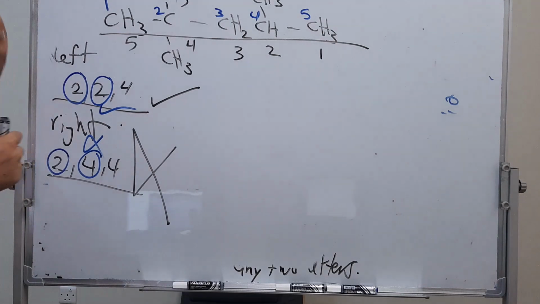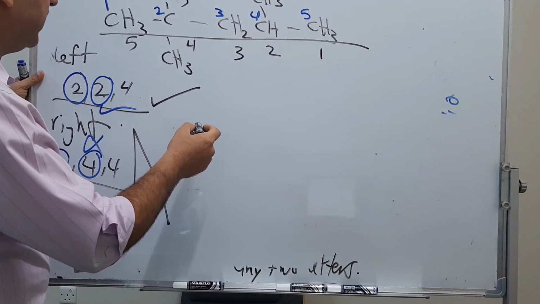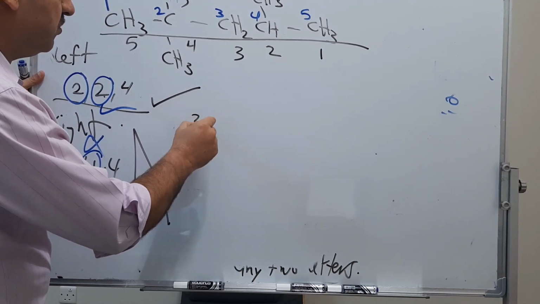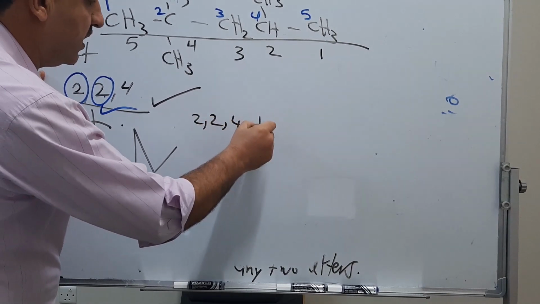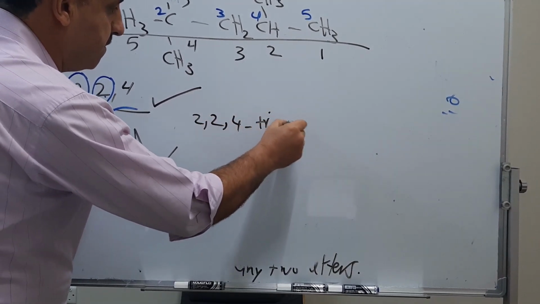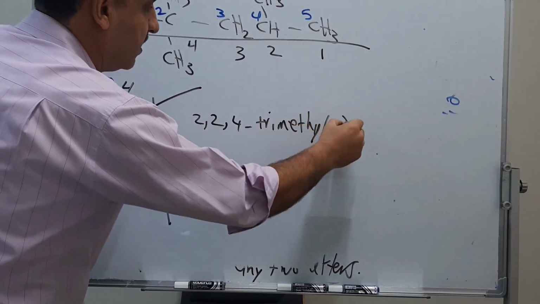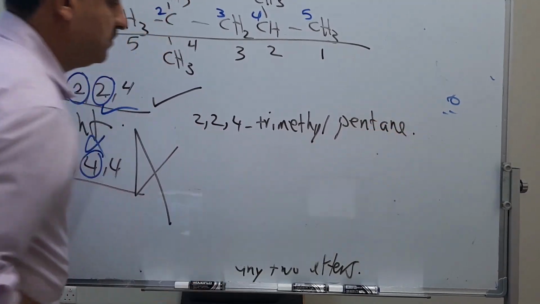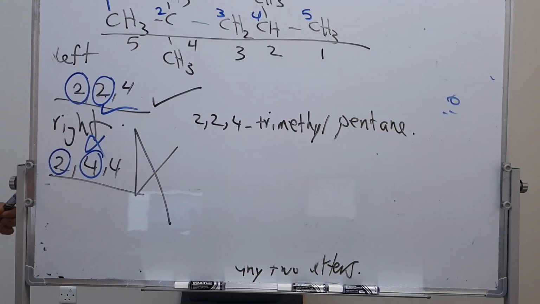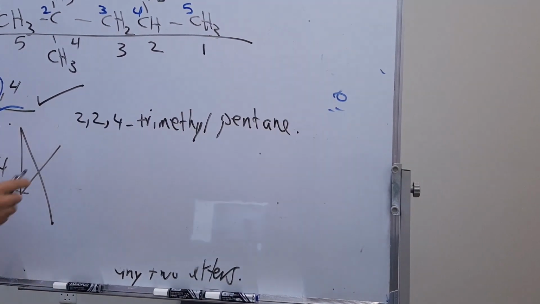The name here, we will use all punctuation rules. I'm just going to write it right away. We will have 2,2,4-trimethylpentane. Do you follow me? Please give some attention to the punctuation rule again.